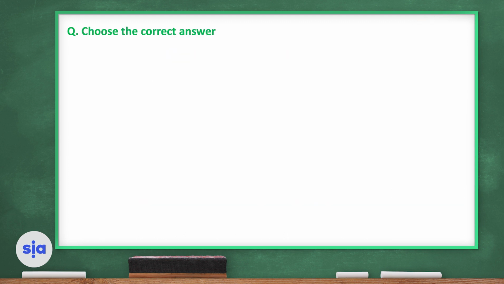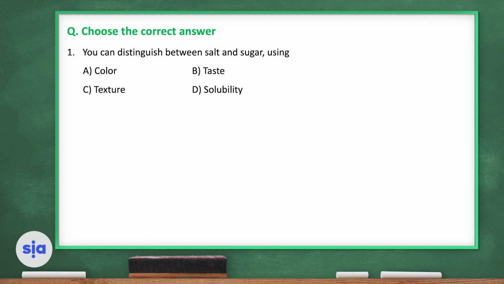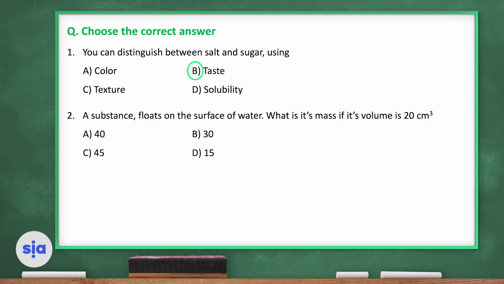Now choose the correct answer. You can distinguish between salt and sugar using, yes, taste. A substance floats on the surface of water. What is its mass if its volume is 20 cubic centimeters? 15.